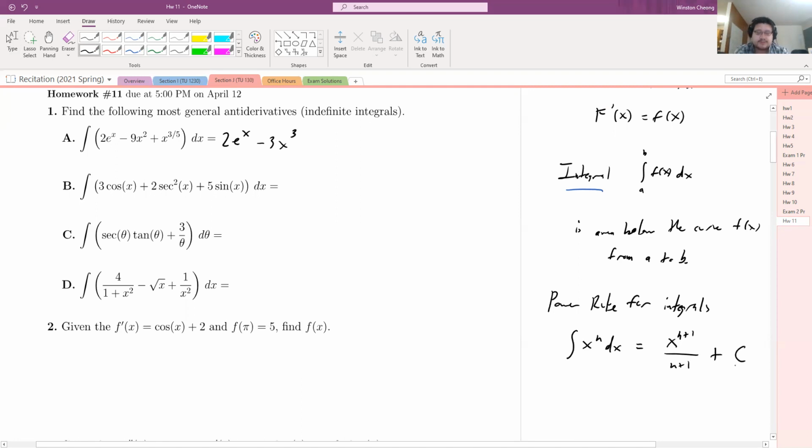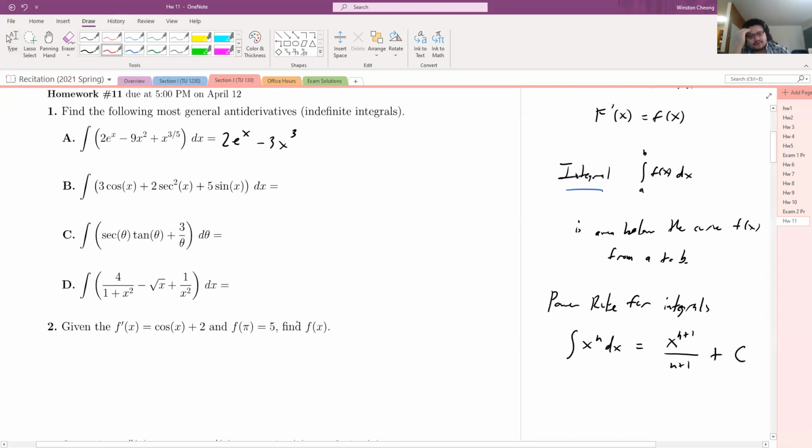And then you have to tack on a plus c at the end, because the result is going to be a general function. You can shift the function up and down by some constant, which is what that plus c is doing. If you take the derivative of the right-hand side, that constant disappears, and so you end up back where you started with the original function. So that's why you always have that plus c.